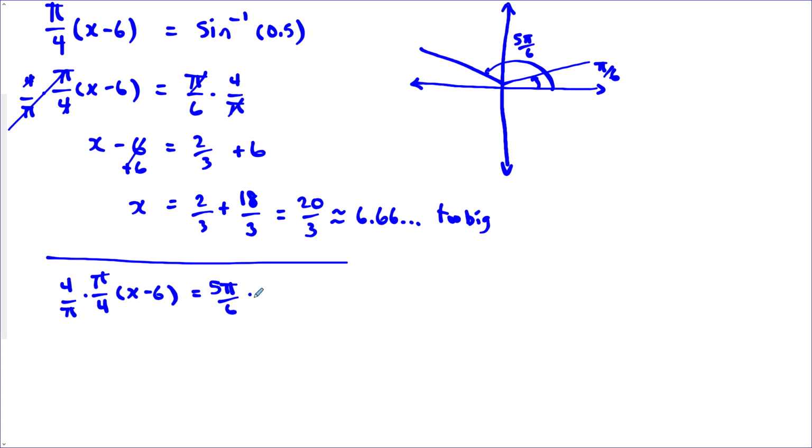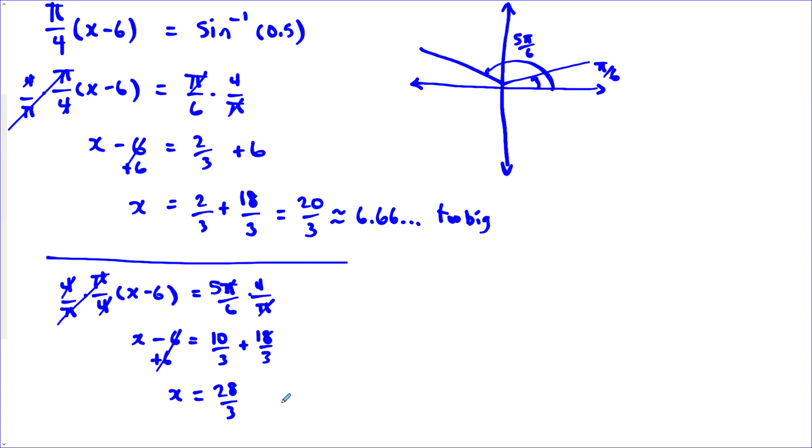Multiply by 4 on both sides, divide by pi on both sides, and we get x minus 6 is equal to 10 over 3. Now we need to add 6 on both sides, and I'll write 18 over 3, because I need a common denominator just like before. 10 over 3 plus 18 over 3 is 28 thirds.